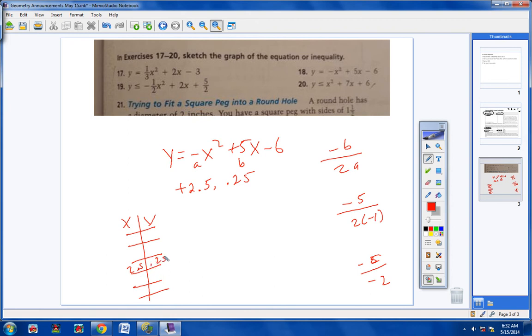0.25. Then I would go up to 3 and 4 and go down to 2 and 1. And very quickly, using a table of values, 1 would give you out a negative 2, 2 gives you out a 0, 3 gives you out a 0, and 4 gives you out a negative 2. So here we go very, very quickly.